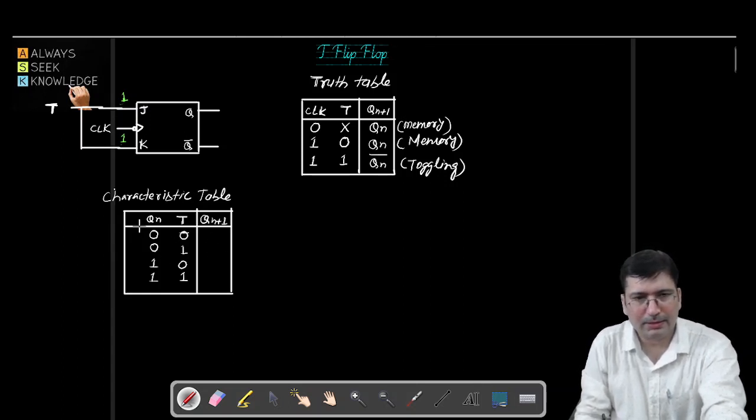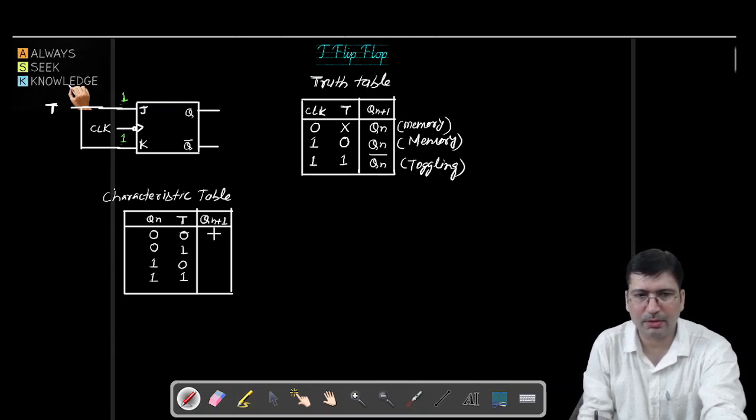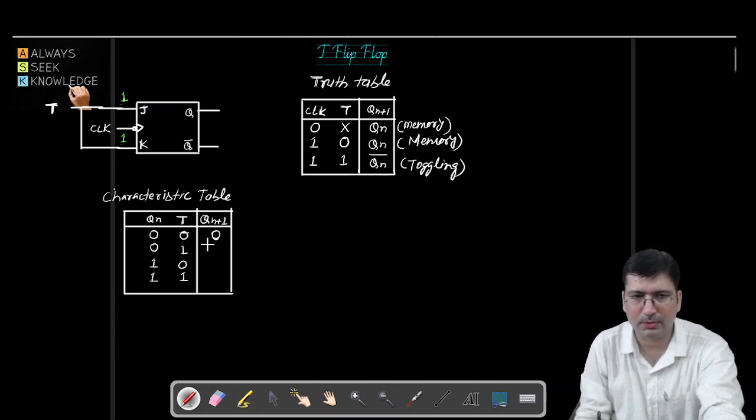Now when T is 0, whenever we get T 0, and if you are considering clock as high, it doesn't depend on the previously generated state. So it just preserves that state, right? So it is working as memory element. So when T is 0 and clock is high, it will preserve previous state, and the state you are considering here as 0. So it will preserve Qn and the value of Qn is 0.